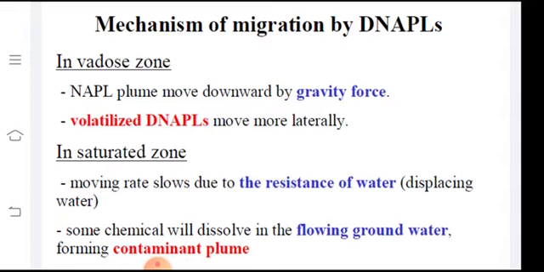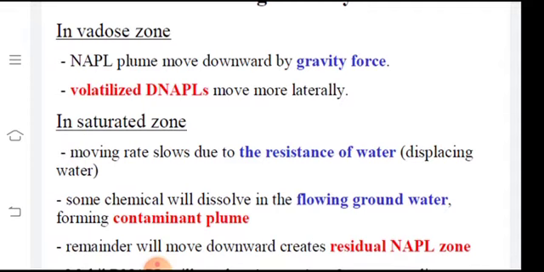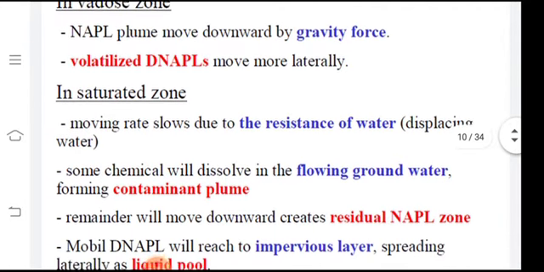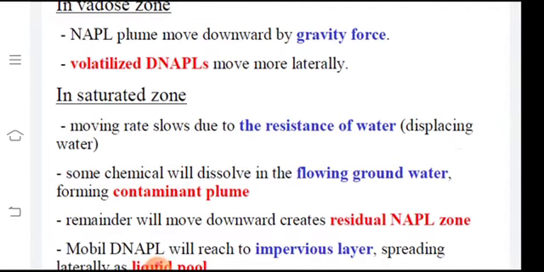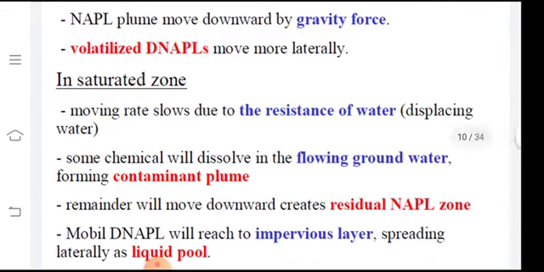Lateral actually means horizontal movement. So this lateral movement is more likely to take place in case of volatilized DNAPLs. And the normal behavior observed is that it will move downward with the gravity force, because it has a higher density, so it will not be sustained in the pores, but will move forward.